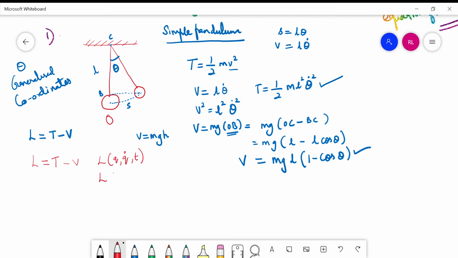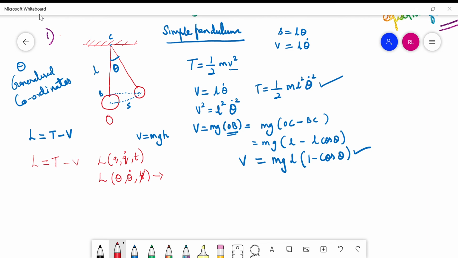Here we have theta as the generalized coordinate, theta dot as the generalized velocity, and t as the time. Since we are not using time explicitly, this Lagrangian will only consist of theta and theta dot. You can't find any t in the Lagrangian.